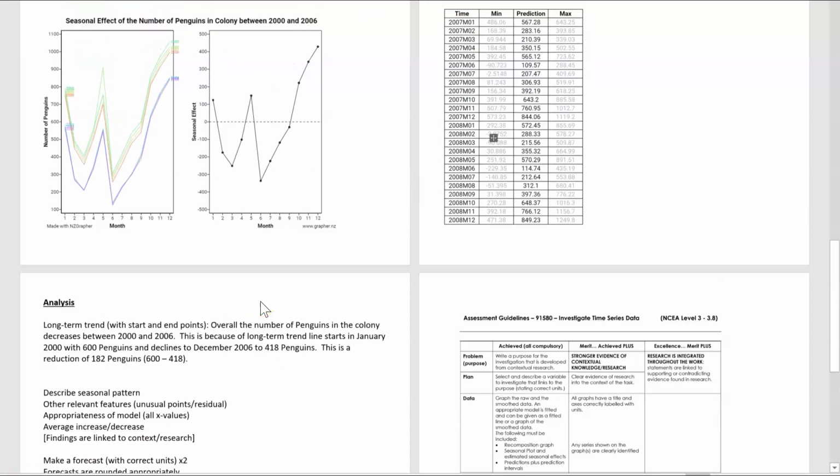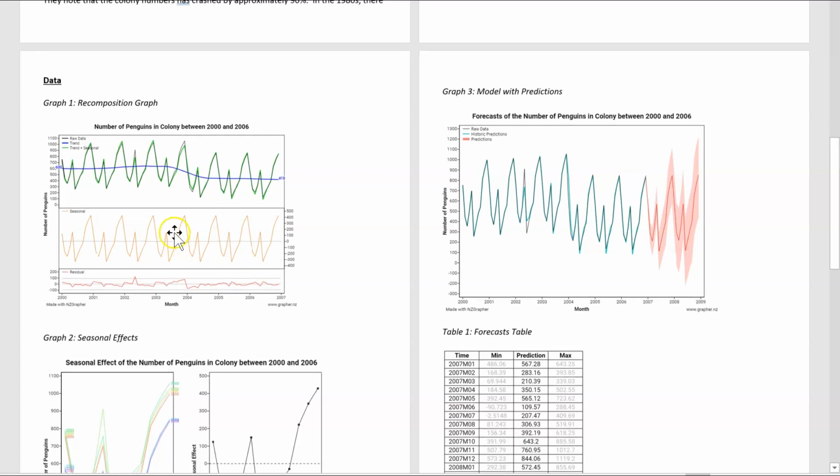The next thing I want to look at within the long-term trend line: were there any other noteworthy parts? We can see from here, from the beginning in January 2000 to the middle of 2003, it was pretty static. If anything, there was a slight increase. But from mid-2003 all the way through 2004, there was quite a significant reduction.